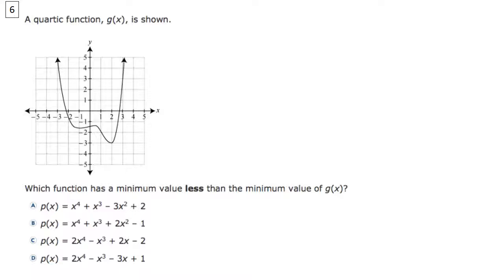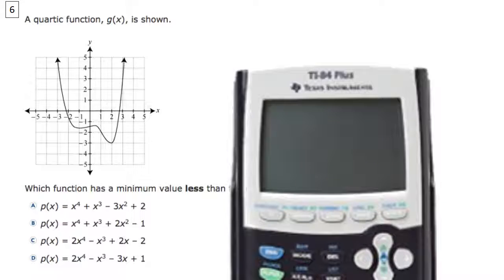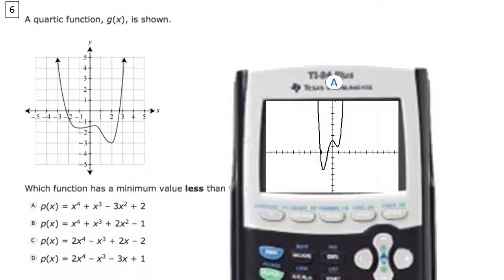Now we do see that the minimum value for this function, the one that we're given, g of x, is -3. So let's just graph them and see which one has a minimum less than -3. Well, easier said than done. We take our calculator, we can graph the first one, and it looks like that.